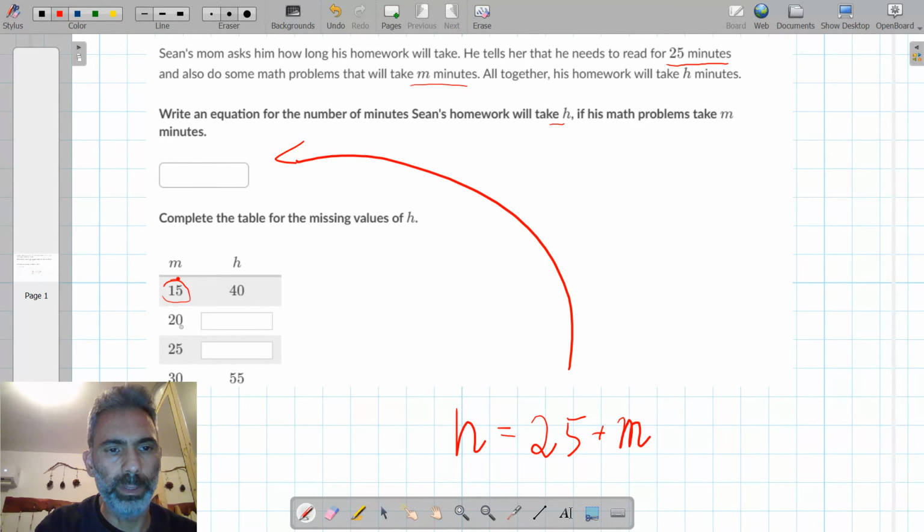If he spends 20 minutes solving math problems, the total number of minutes he spent on his homework is 45, because 20 minutes goes on solving math problems plus 25 for reading gives us a total of 45.